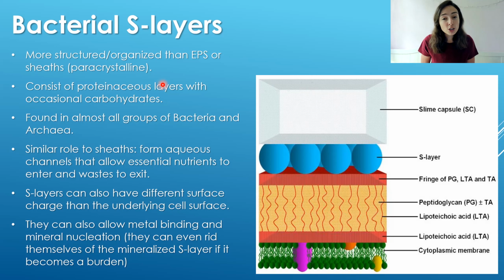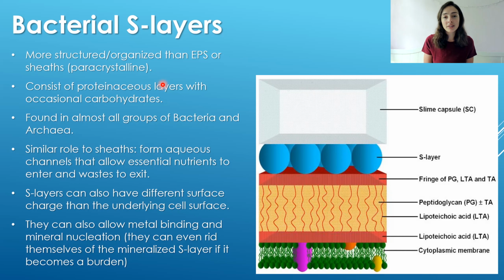And they're similar in function to sheaths, so they can form aqueous channels that can allow essential nutrients to enter and waste to exit. So they're that extra mediating and protecting layer. And they can also have different surface charge than the underlying cell wall layers.